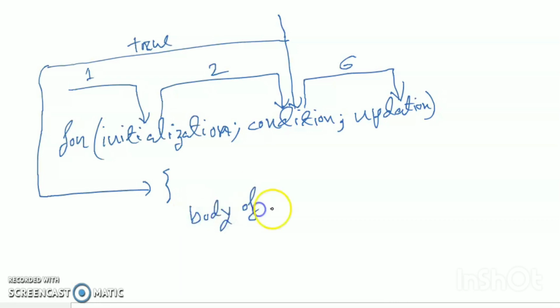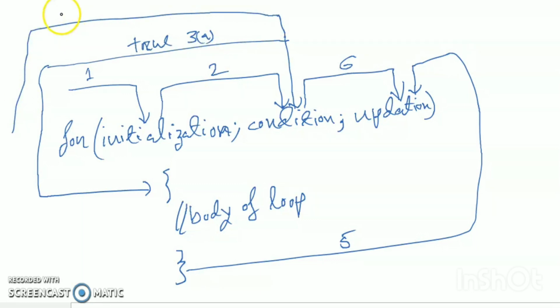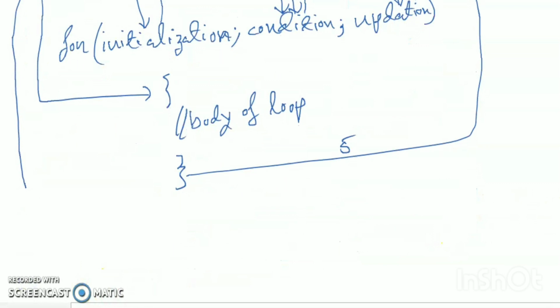This is the body of the loop, and the statements are executed this way. And then it goes back to the condition again. And if it is false, suppose false, it goes to the statement outside.